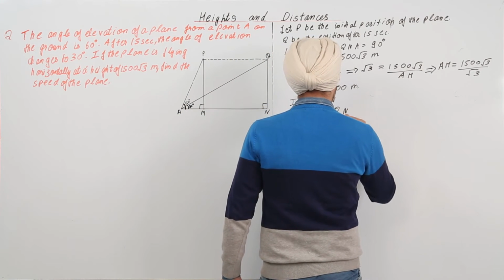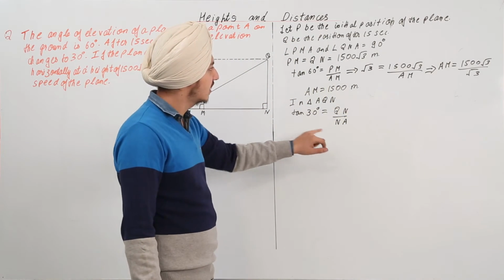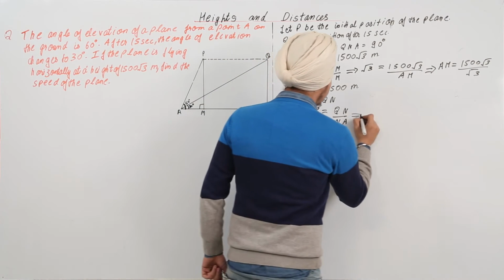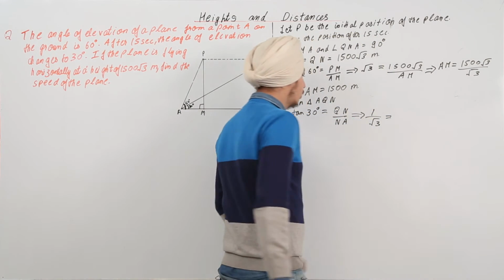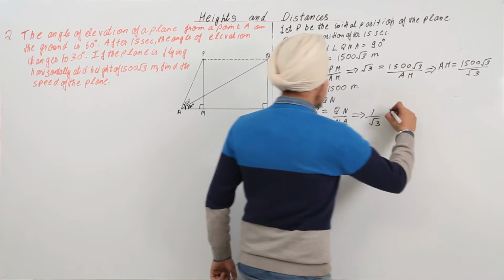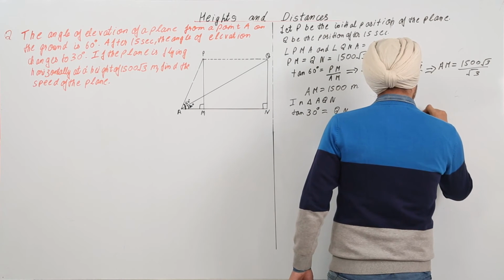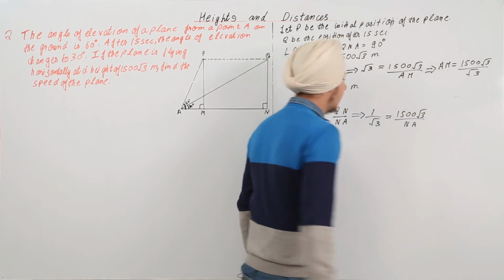Tan of 30 degrees is equal to 1 by root 3, which is equal to QN, which we know is 1500 root 3, upon NA. We have to find out the value of NA or AN.